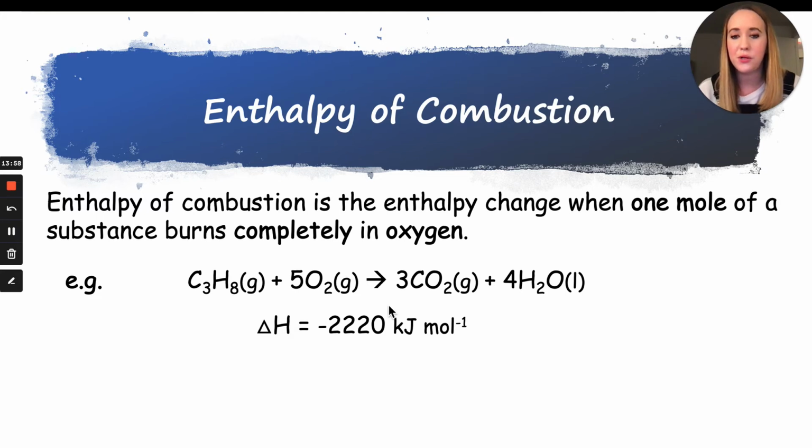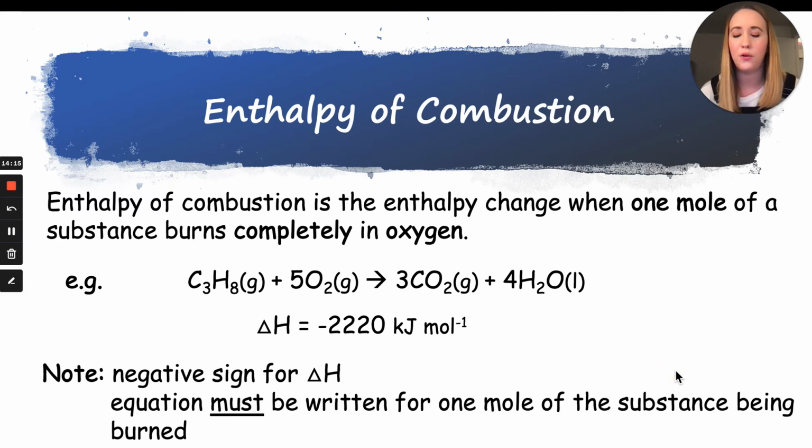And just before we do, when we've written this delta H value, you'll notice that it's got a negative sign in front of it. So that is to represent the fact that it's an exothermic reaction. So we're talking about combustion, which is releasing energy.